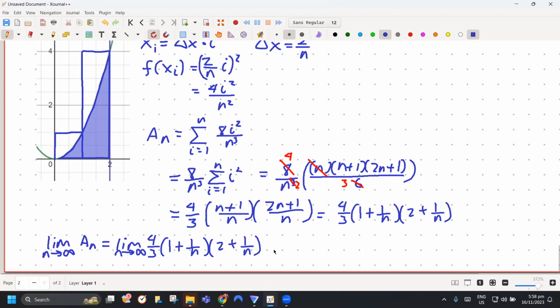Kasi thirds, so 8/3 din. Yeah. So it works.